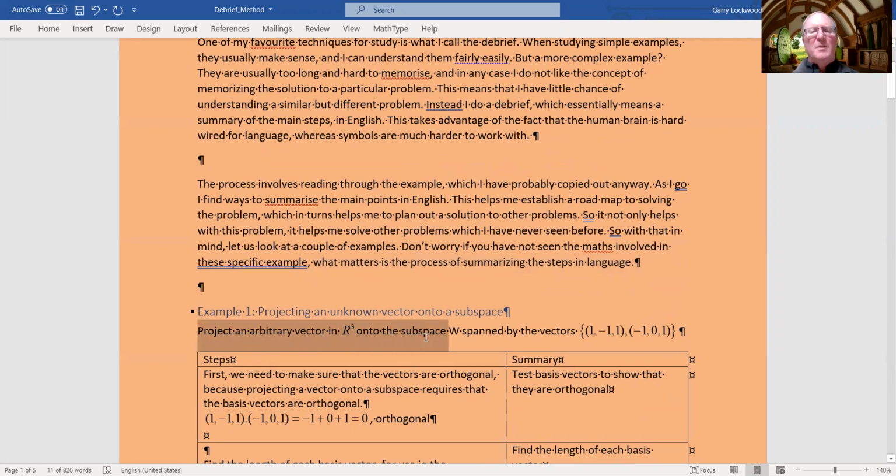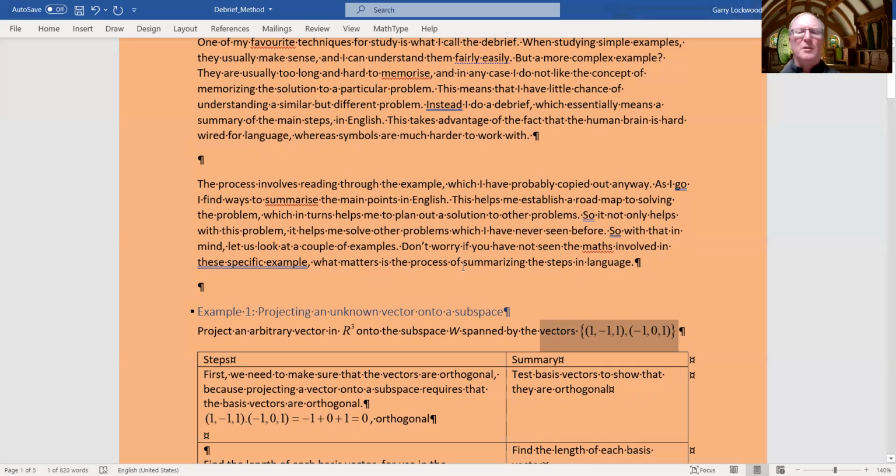The first example is projecting an unknown vector in R3 onto the subspace W, spanned by these vectors. If you don't know what vector projection is, basically it's kind of like taking a vector, putting it close to another vector and shining a light that's perpendicular to the second vector, saying, okay, this bit here is the shadow, so that's the projection.